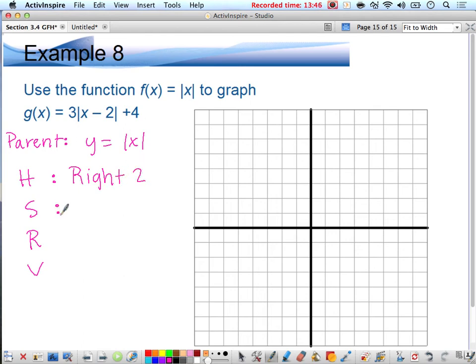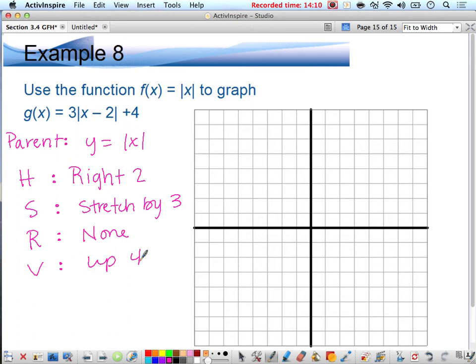Is it being stretched? Yes. By what? 3. It is getting bigger by 3. Is it being reflected? No. So we'll just say there's none there, which is nice. And finally, is it being moved vertically? Up 4. Those 3 things have to be done, and that's the order they need to be done in.